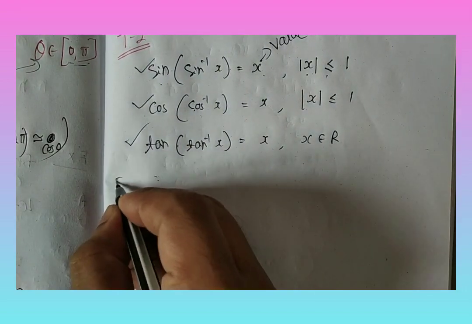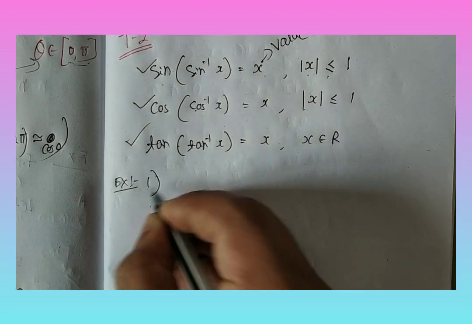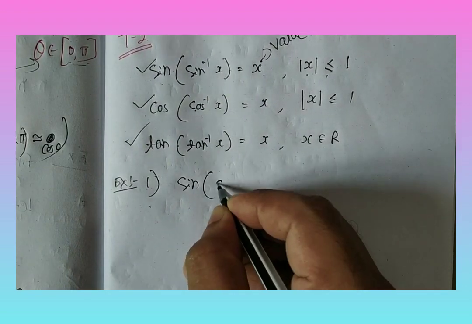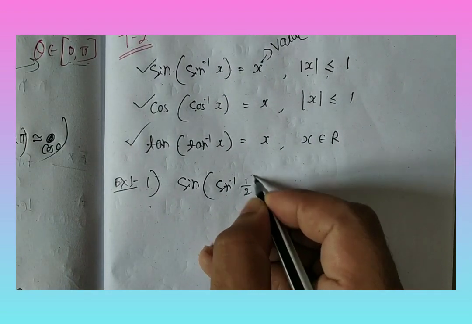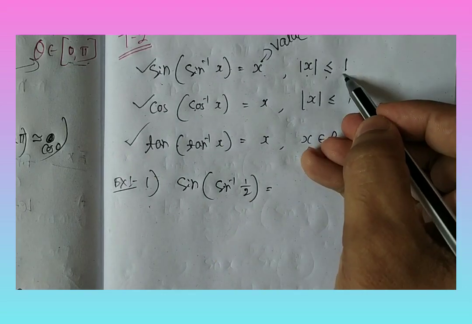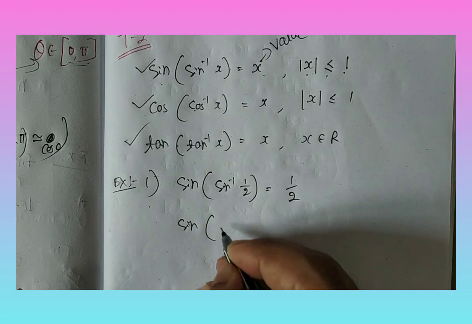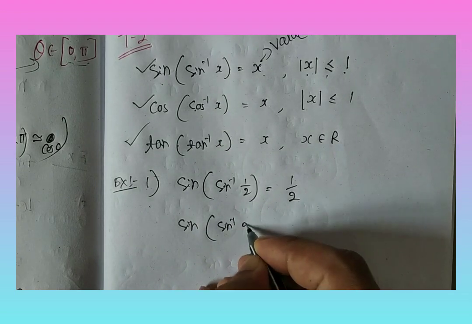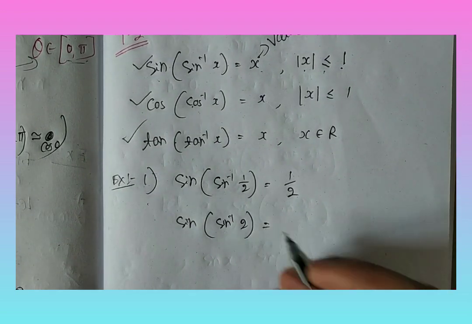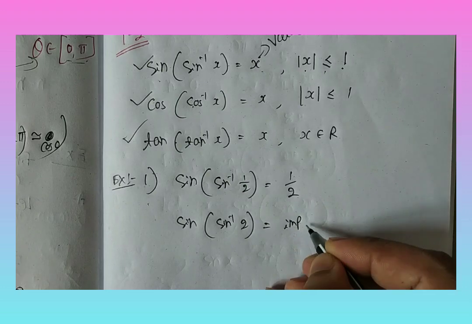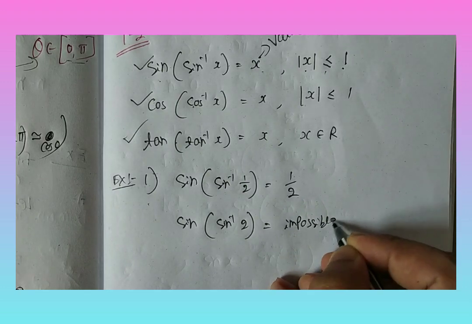Example. First example: sine of sine inverse 1 by 2. This 1 by 2 is less than 1, so the answer is 1 by 2. Sine of sine inverse 2 is impossible. Why impossible?